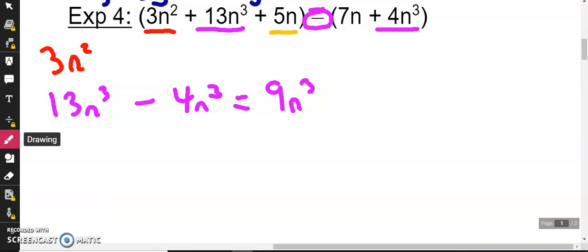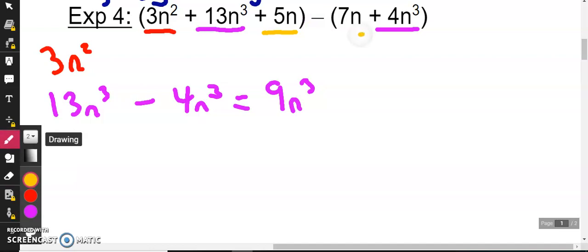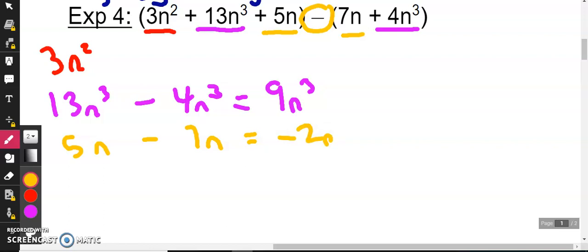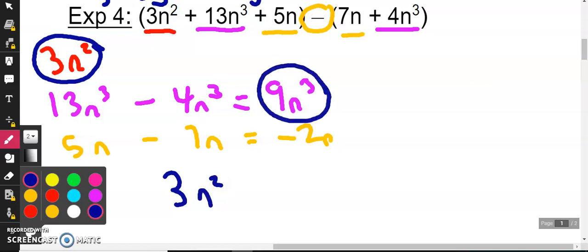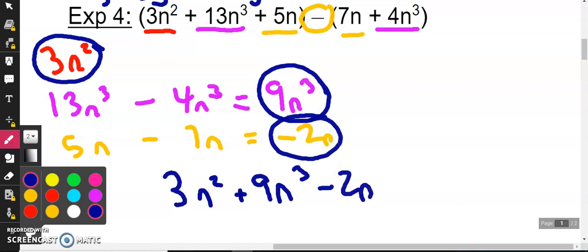And then finally, we see a positive 5n, and then a positive 7n. So we're going to subtract those guys. So I will see 5n minus 7n, which will give me negative 2n. So to put it all together, I should see 3n squared plus 9n cubed, and then minus 2n.